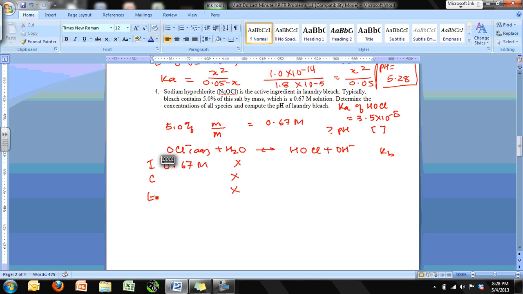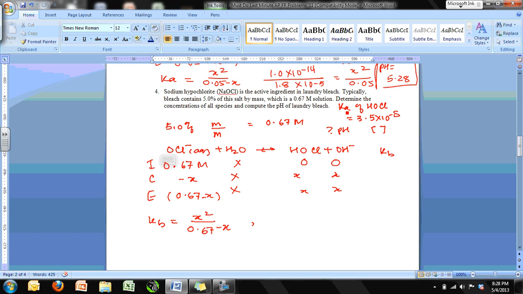We set up an ICE chart, and HOCl initially 0, 0, then minus x, x, and x, and at equilibrium we have 0.67 minus x, x, and x, and we write the Kb expression as x squared over 0.67 minus x.